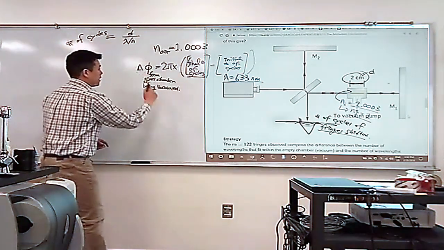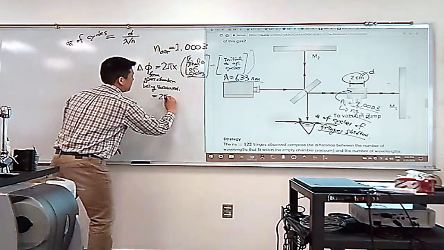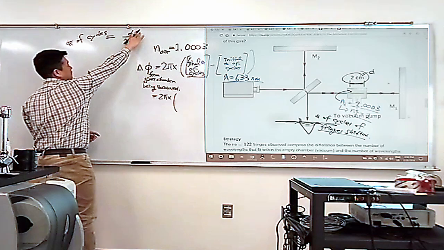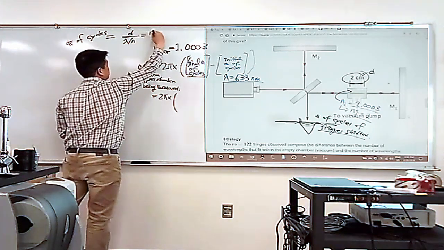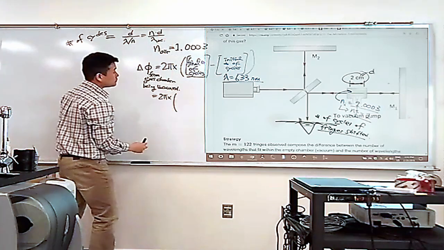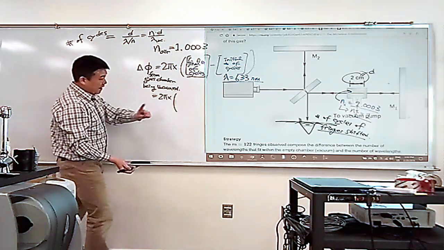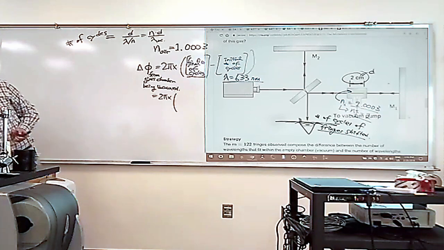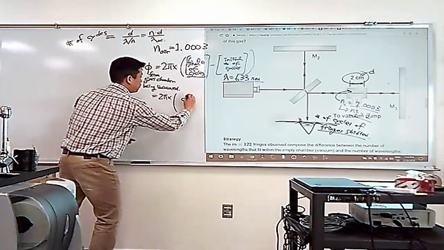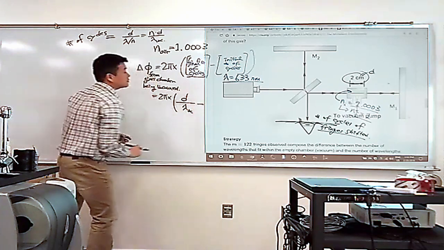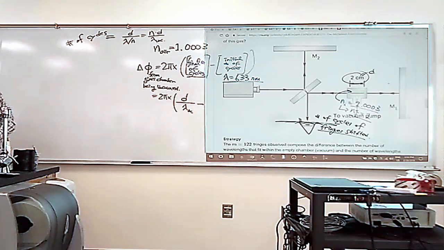So this phase difference is 2 pi times the final number of cycles. Let me simplify this a little bit. This is N times D over lambda vacuum. So it's the final index of refraction, which is 1, times d over wavelength in vacuum, minus the initial number of cycles.